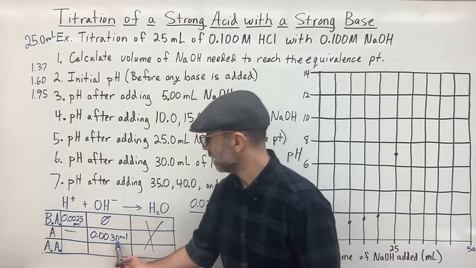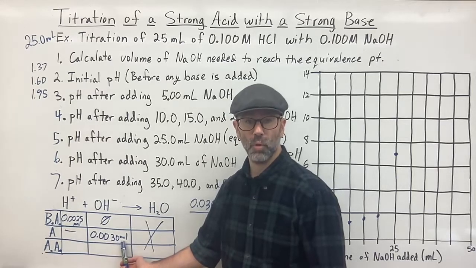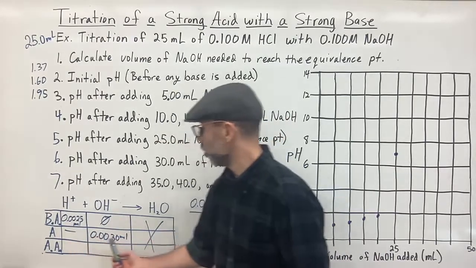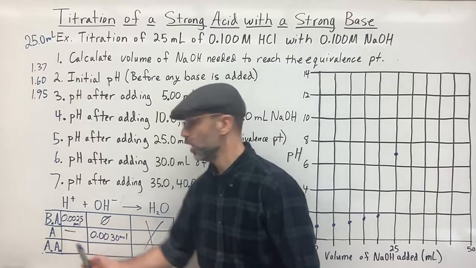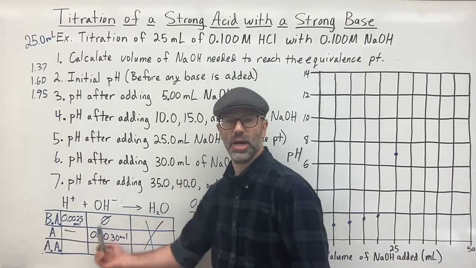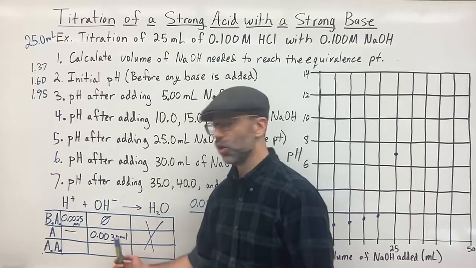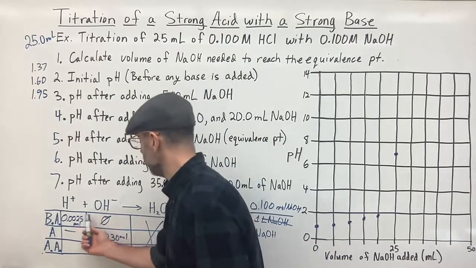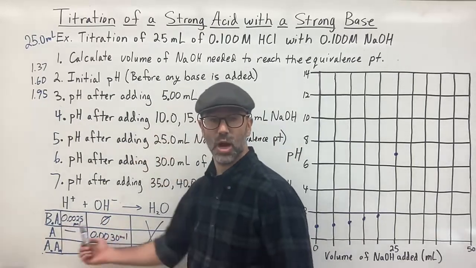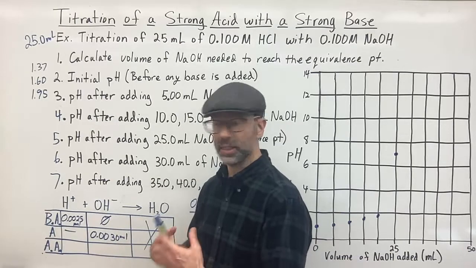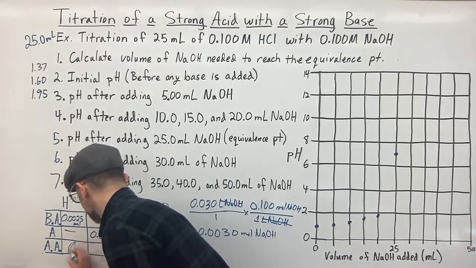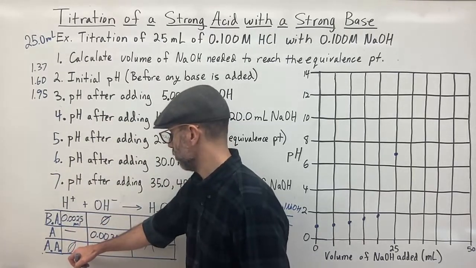You can see at this point that we have more moles of NaOH versus H plus. So instead of having H plus left over, we're going to have OH minus. Our hydroxide ion is going to be left over. Because this is a strong acid and strong base, it's going to react completely, so that H plus is gone. H plus is effectively 0 at this point.